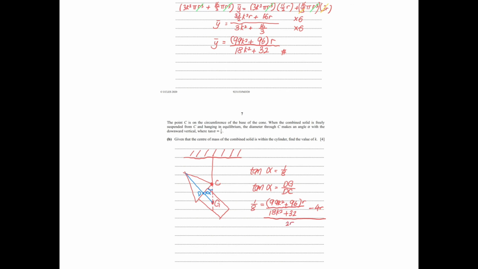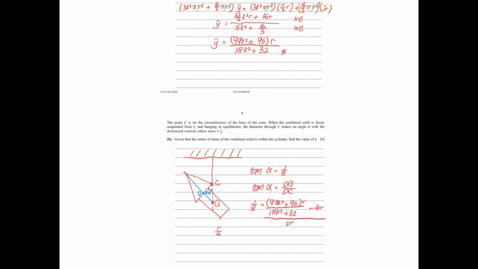What to do now is just some algebra. We have to keep simplifying the equations. Imagine that I multiply the 2R with the 1 over 8, so I get R over 4.